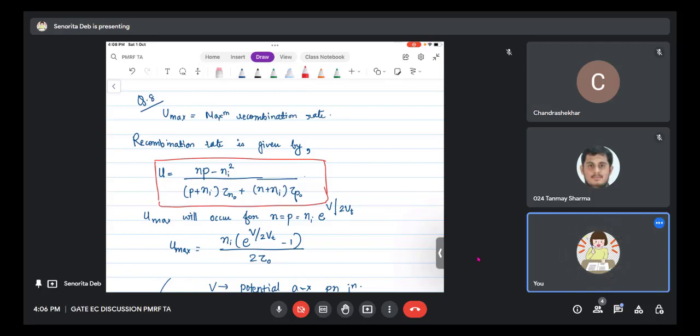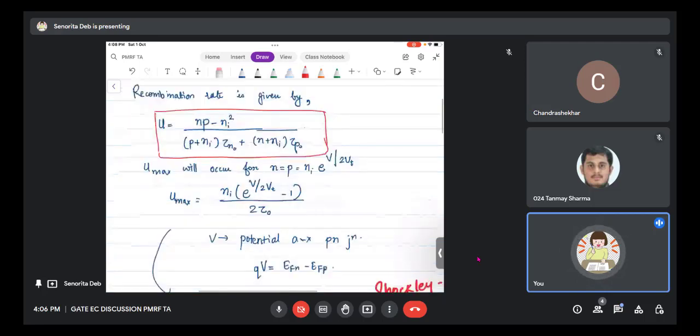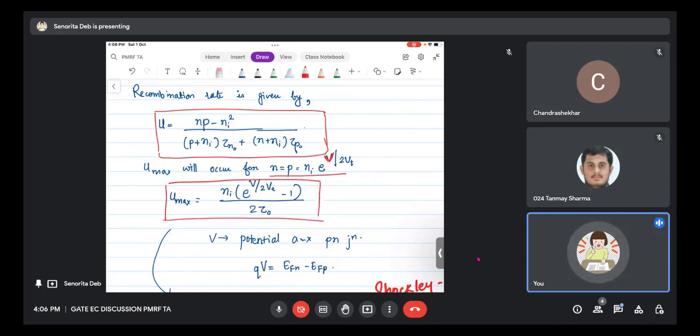Umax occurs when N equals P equals Ni e to the power V upon 2 Vt, where Vt is the thermal voltage and V is the forward bias voltage, whatever biasing voltage you apply. From here we get Umax as Ni e to the power V upon 2 Vt, where the minus 1 can be ignored, divided by 2 tau naught.